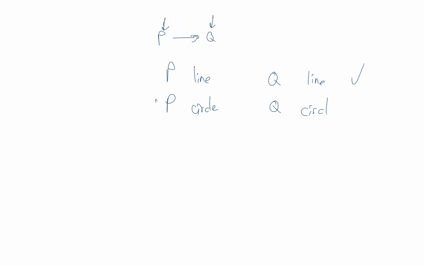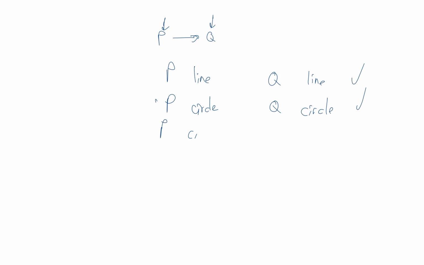And the key result for projective maps is that if you have a projective map from P to Q, and P and Q always have to both be tethered for a projective map to be defined, it basically always preserves the degree, with one caveat. If P is tethered to a line and Q is tethered to a line, it preserves degree, so the degree of P is equal to the degree of Q. If P is tethered to a circle or conic, and Q is tethered to a circle, it also preserves degree.